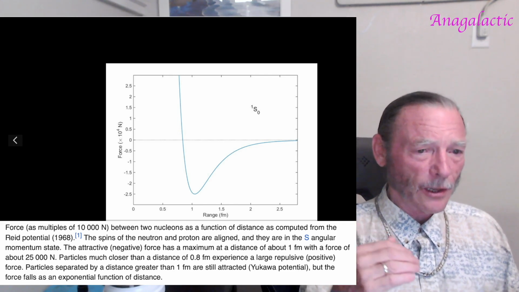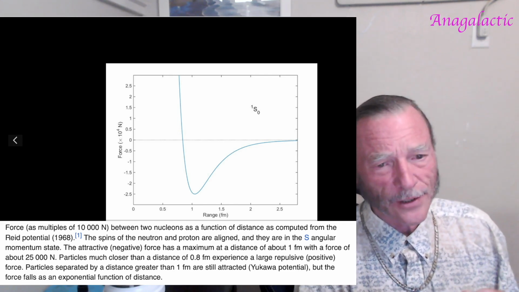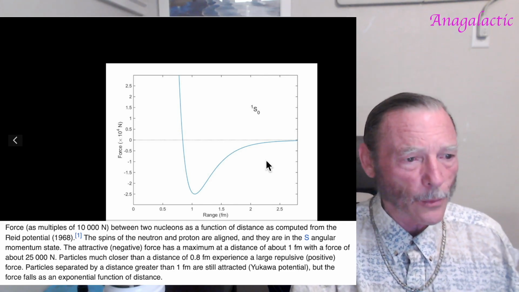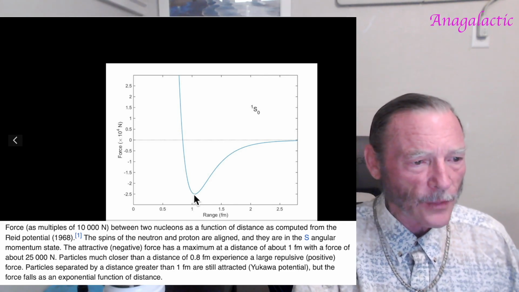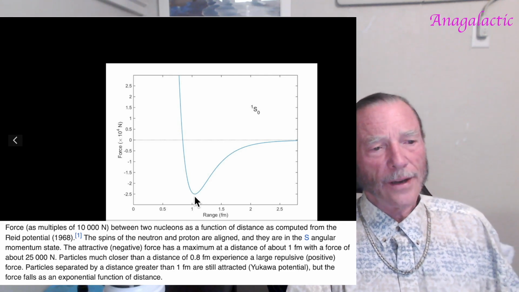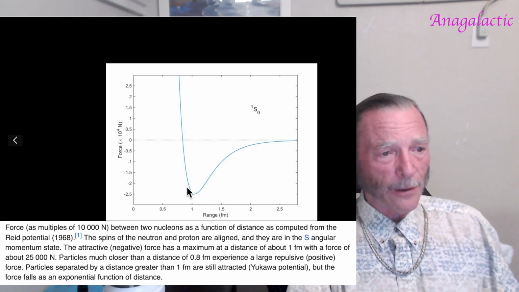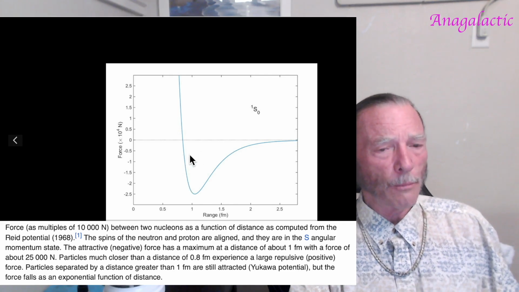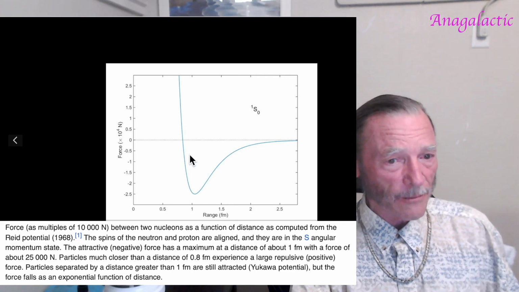So it's accelerating, but when it reaches the 1 femtometer range, and I believe my pointer will work here. Yeah, right there is where it is still attractive force, but now it's decreasing in this short range between 1 femtometer and 0.8 femtometers. It's still being attracted.